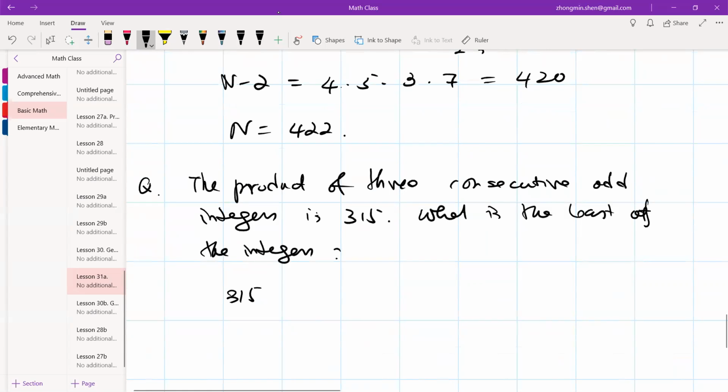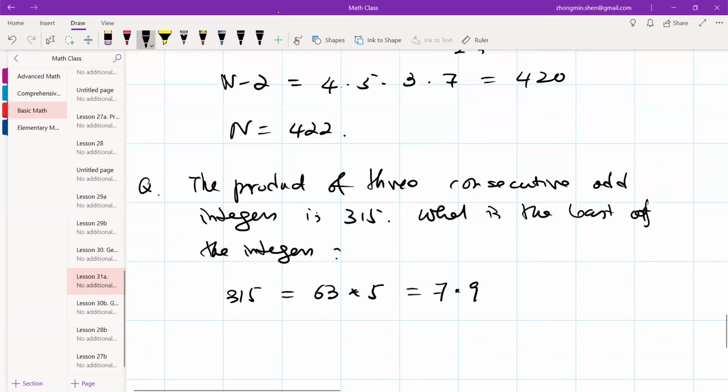It's divisible, you see how to do that. It's divisible by 5, so 315 divided by 5 is 63. Then you continue to factor it. 63 is 7 times 9, we already know that.